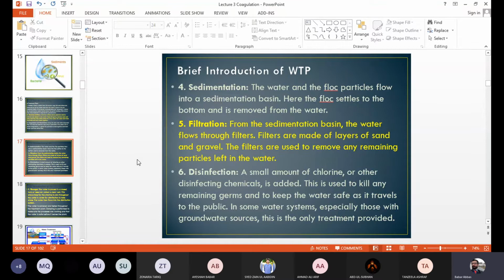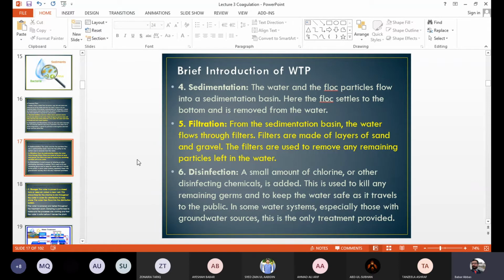Then comes the filtration. After the removal of physical pollution or physical contamination or the suspended solids through the process of coagulation, flocculation and sedimentation, you must filter the water for the remaining part of the colloidal particles, and these colloidal particles were small enough not to settle down in the given time at the sedimentation tank, and now they have to be removed from the system in terms of making the water further purified.